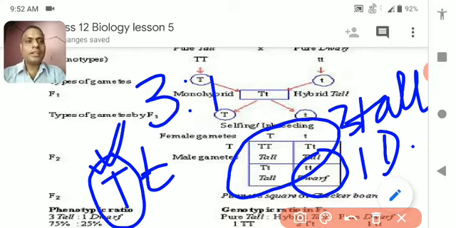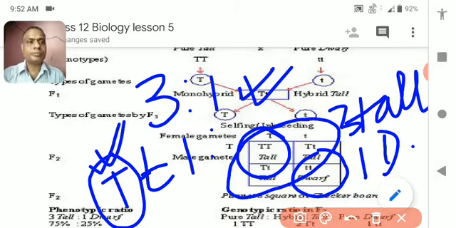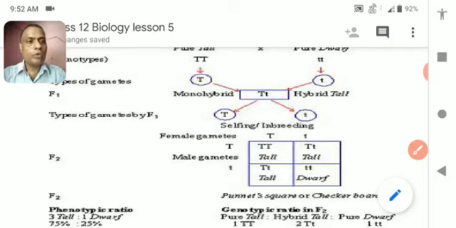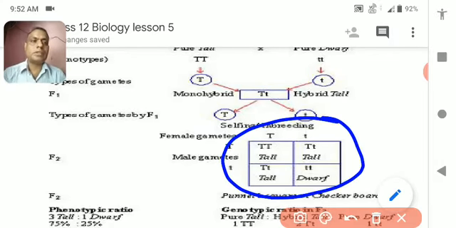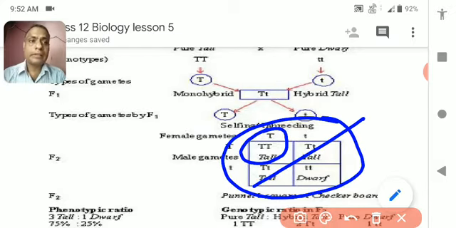He got that out of these four kinds of offspring, one is pure tall, capital T. The other two are hybrid, that is capital T small t, and one is dwarf, that is small t.